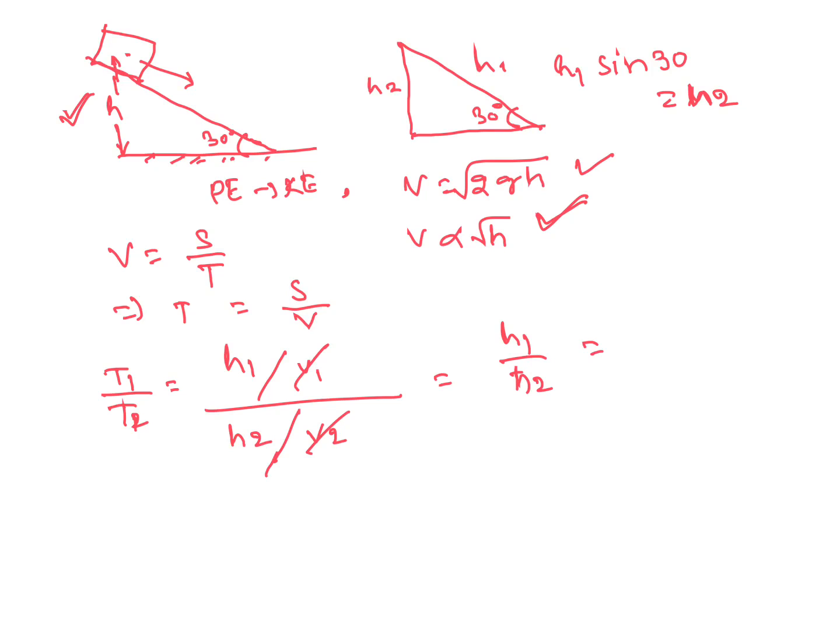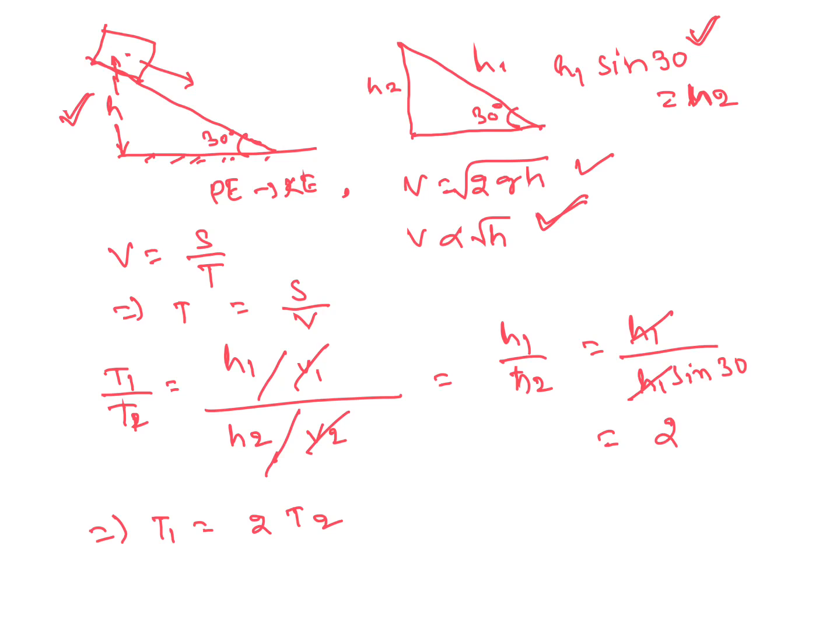Here we already got h1 by h2 is h1 over h1 sin 30. Sin 30 is 1 by 2, so it's 1 by 1 by 2, which is 2. So t1 equal to 2 t2.